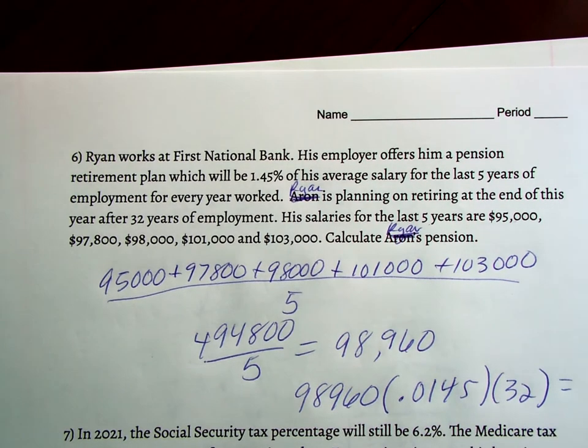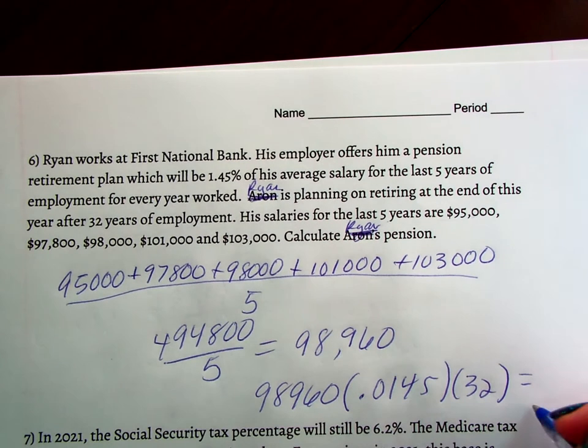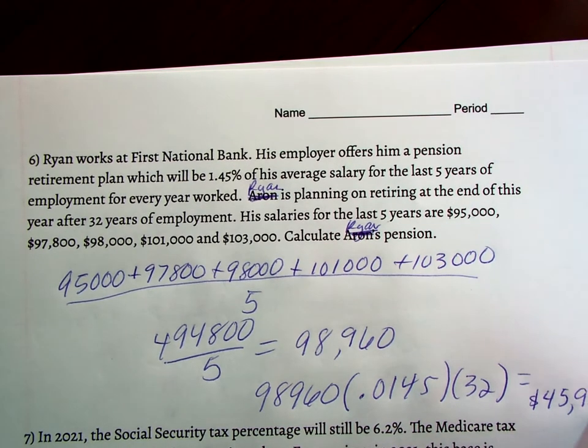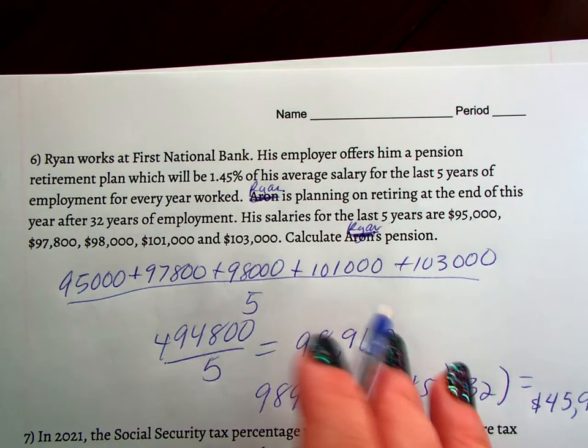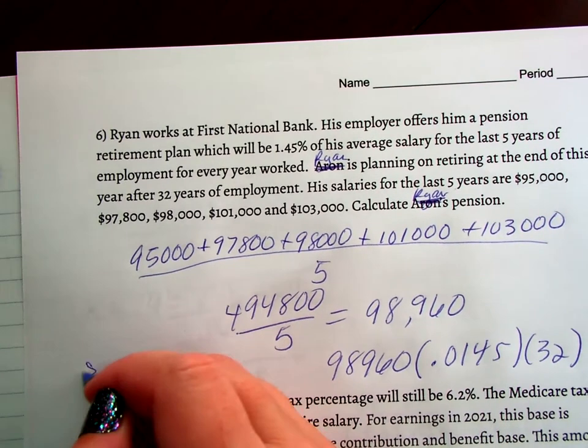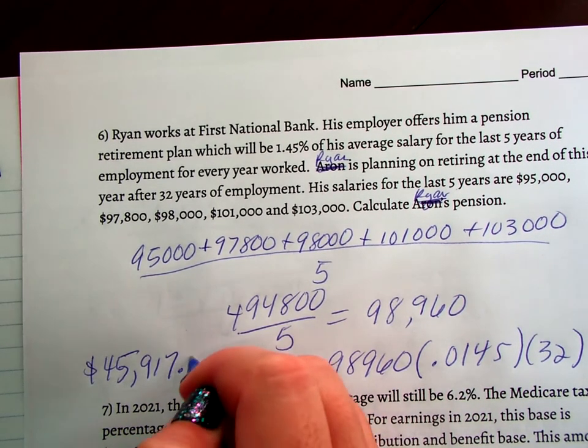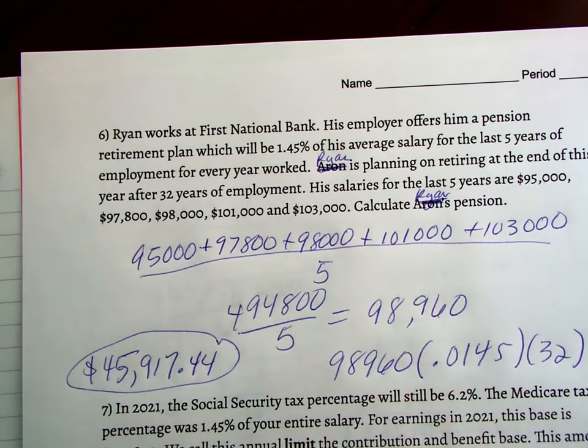Let's see how much. I'm getting a pension of $45,917.44. Sorry, I ran out of space there. $45,917.44. How'd you do?